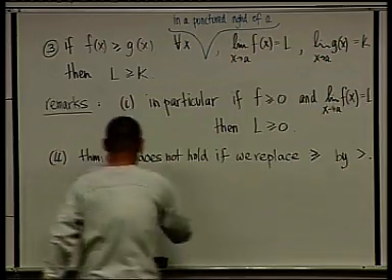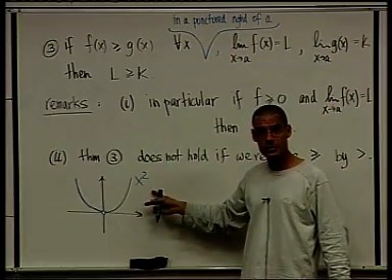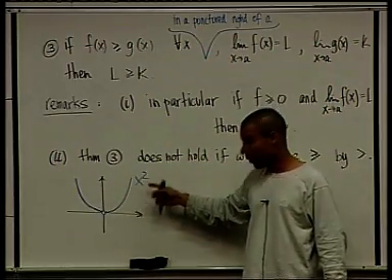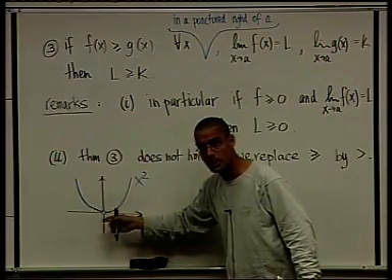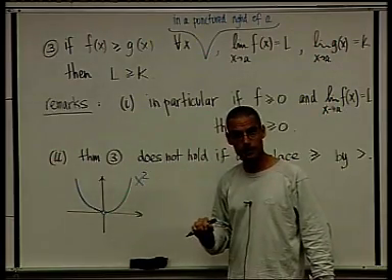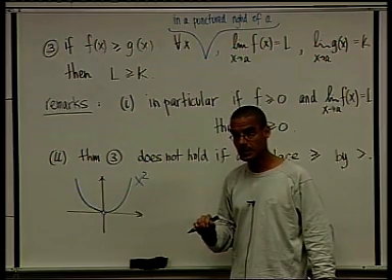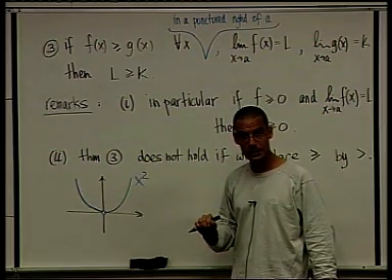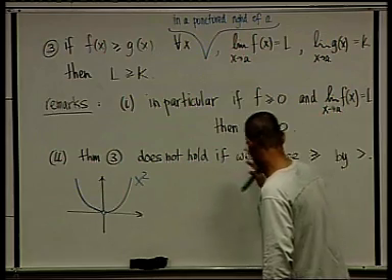The point is that this function is always positive, right? However, the limit at 0 is 0. Do you see that? Everybody? Okay, so that's important.